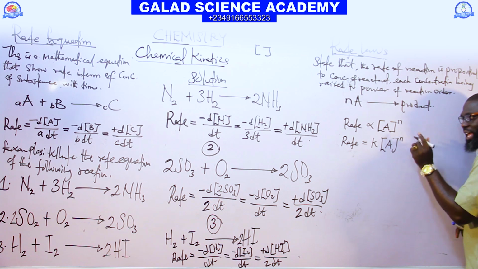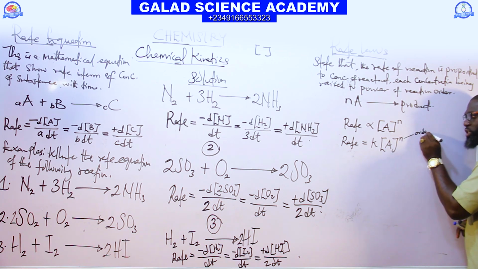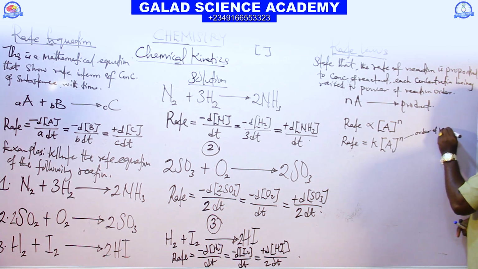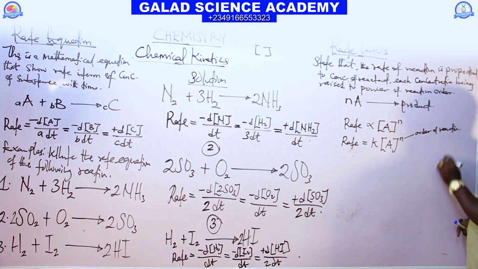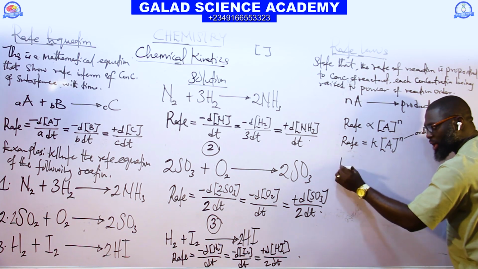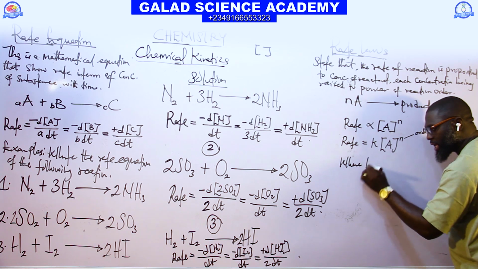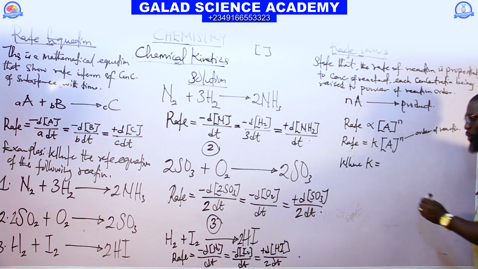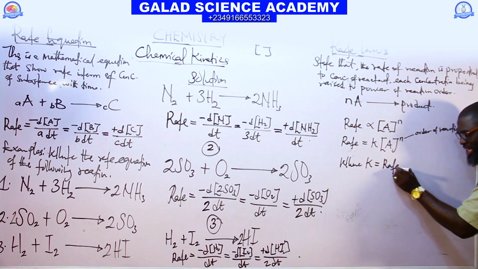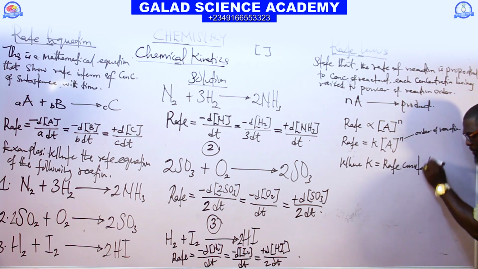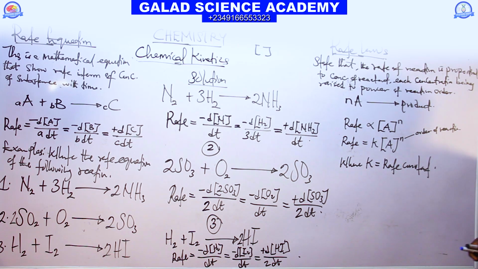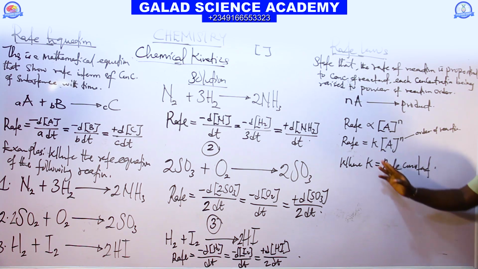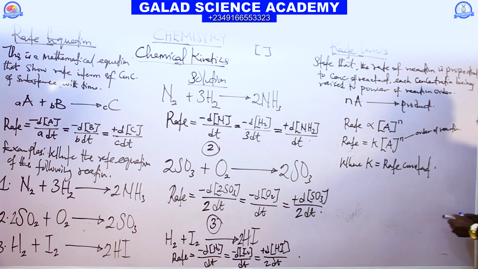And this n you have here is called the order of reaction. This k is called the rate constant.